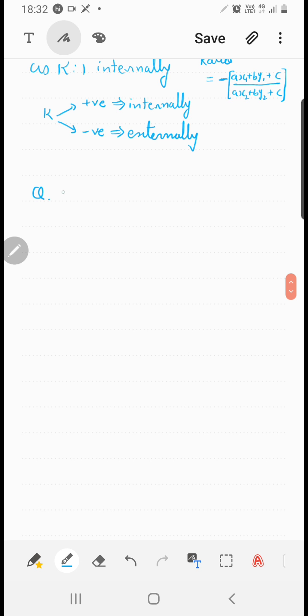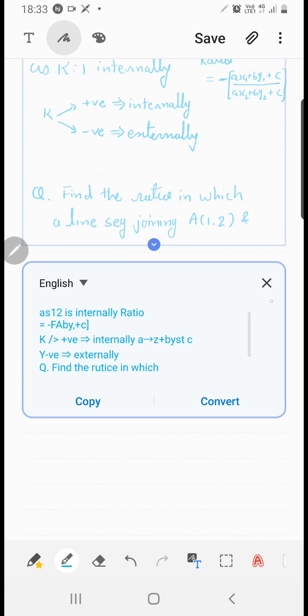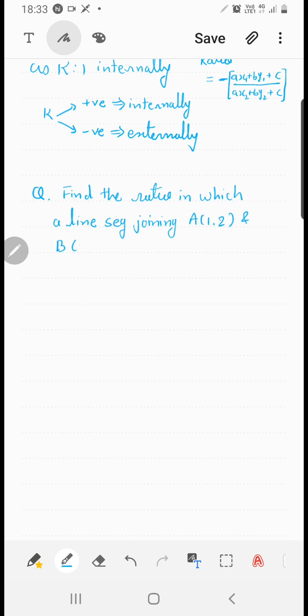The question, let's say: find the ratio in which the line segment joining A (1, 2) and B (-3, 4) is divided by the line x plus y minus 5 equal to 0.